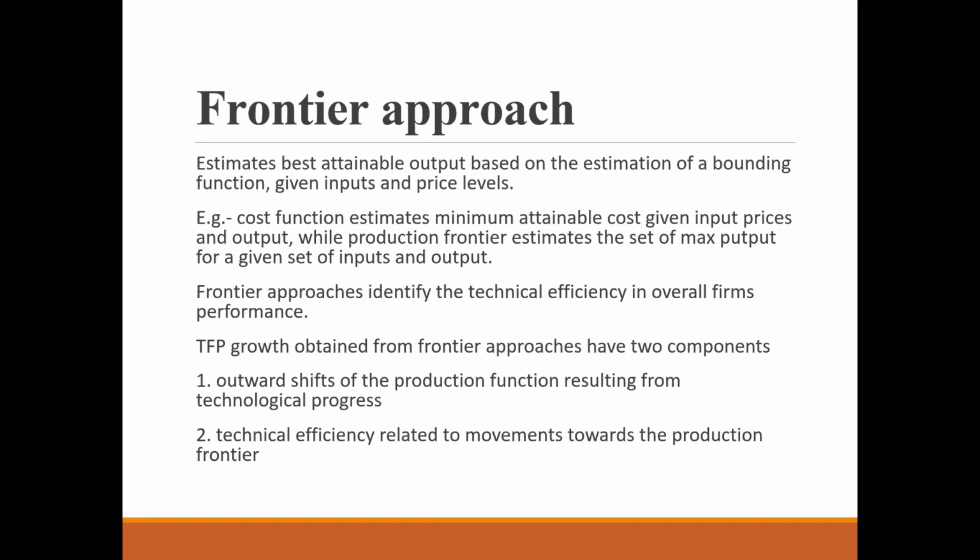The production frontier approach identifies the role of technical efficiency in overall farm performance, while the non-frontier approach assumes that the production function is already technically efficient. The TFP growth obtained from the production frontier approach has two components: one is technical efficiency, another one is technical change.